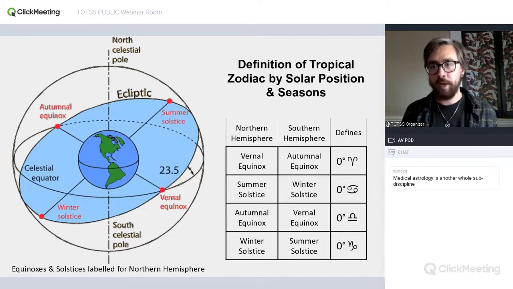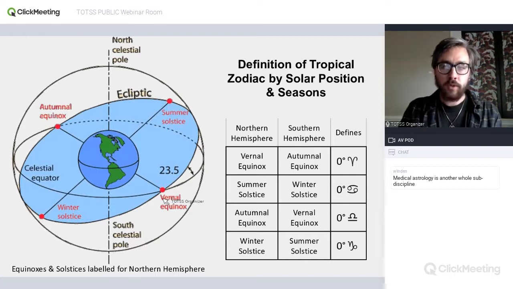I think most of my audience is in the northern hemisphere, and it's in the northern hemisphere that a lot of these concepts and this tradition were developed. So I apologize to anyone listening from the southern hemisphere, but I will default to northern hemisphere terminology. Everyone should be aware that the solstices and equinoxes are symmetrically flipped between the hemispheres.